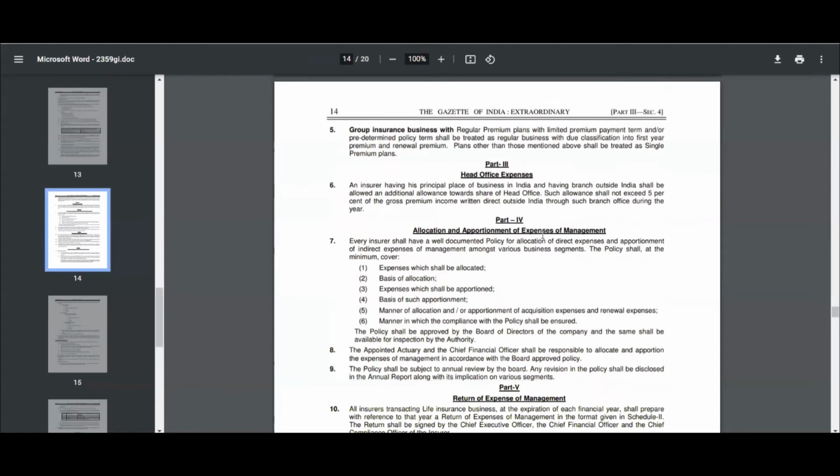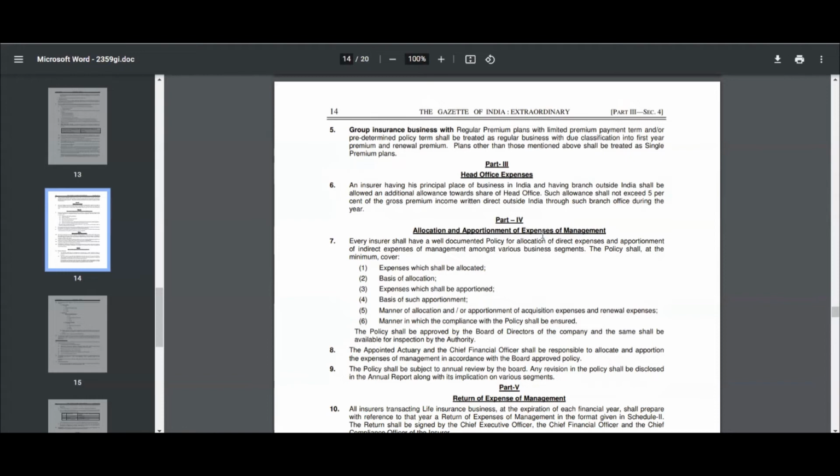Basically, these policies need to be approved by the board of directors, and the appointed actuary and the chief financial officer would be responsible for the allocation and apportionment of the expenses, and compliance with the allocation and apportionment of the acquisition expense and the maintenance expense. This policy would be subject to annual review by the board, and any changes along with the impact on the segment shall be disclosed in the annual report, right?